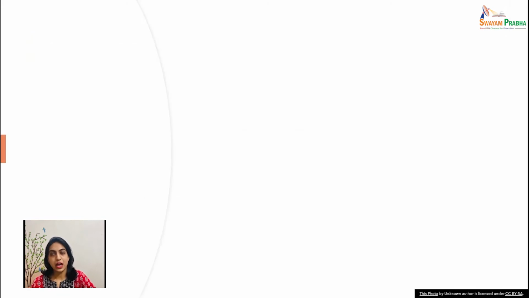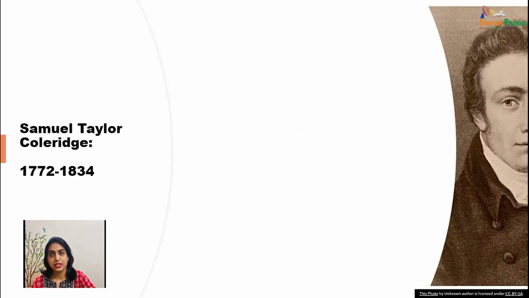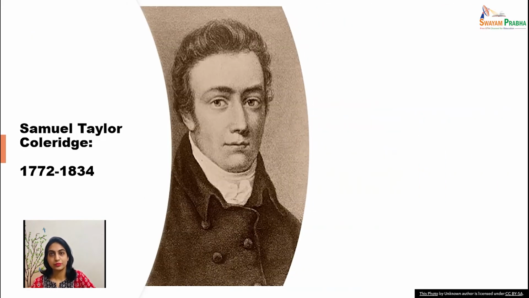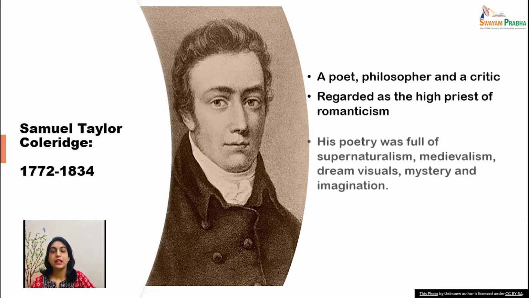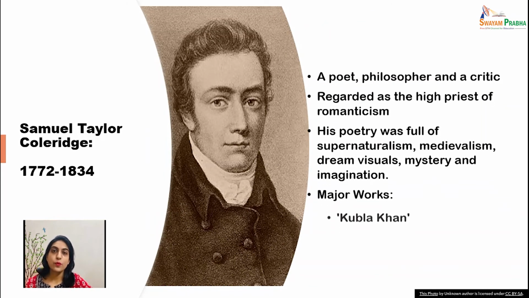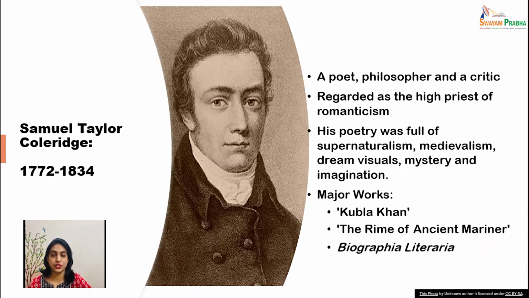Next in line after William Wordsworth is Samuel Taylor Coleridge, who was born in 1772. Similar to Wordsworth, he was also influenced by the French Revolution, but soon, similar to him, was disillusioned by it. He was a poet, philosopher, and a great critic.